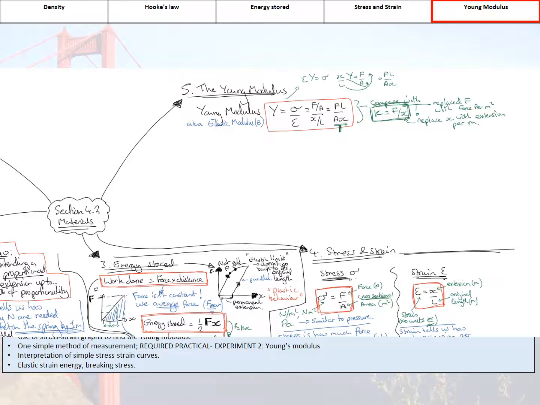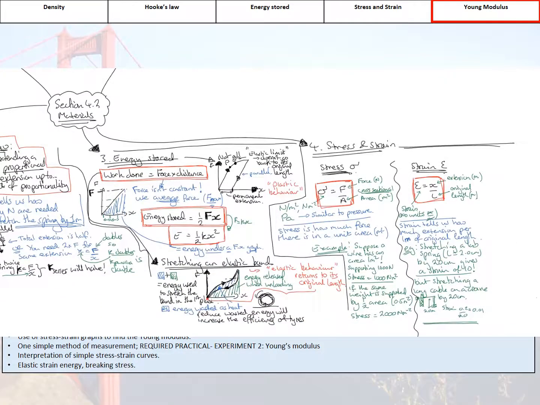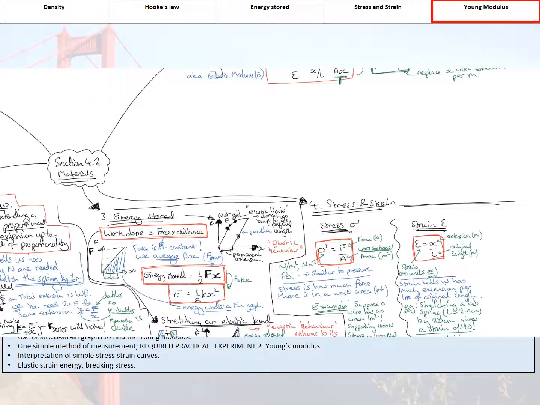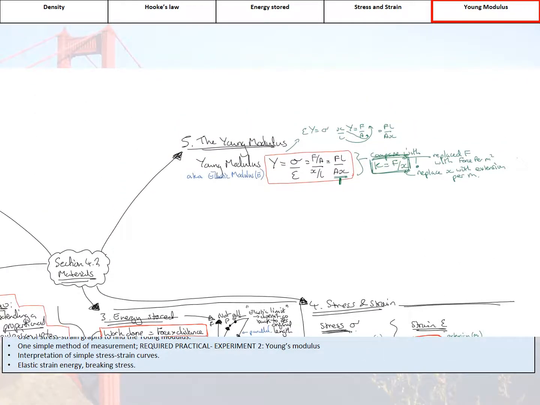So if you had, going back to our earlier example, our area of 0.5 meters squared, if we scale that up to a meter squared to work out the force in a meter squared, so we double it, we've also doubled the force. So if we double the area, we double the force passing through that area. And the end result doesn't change.